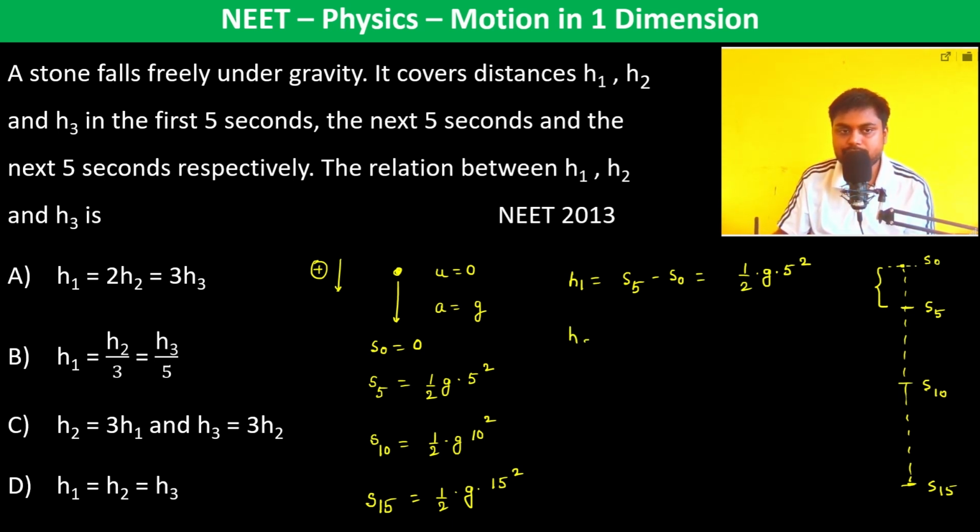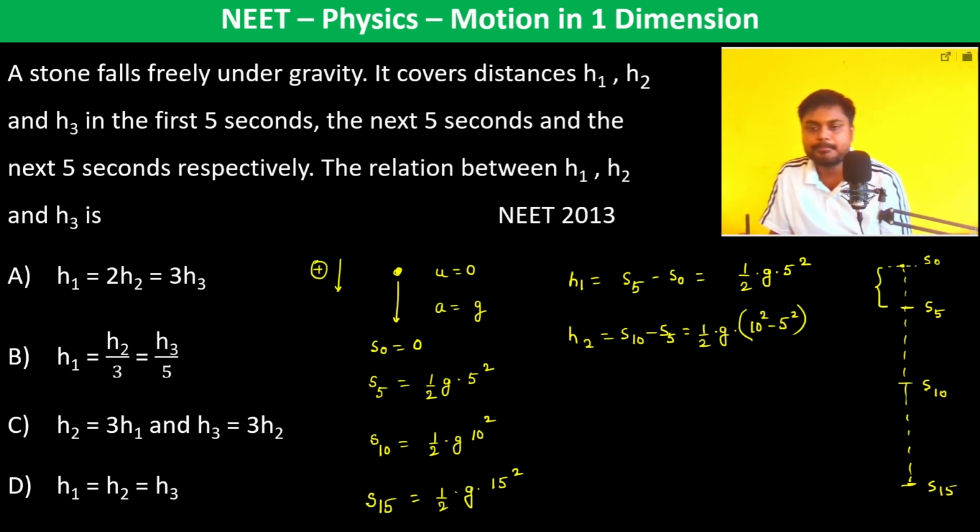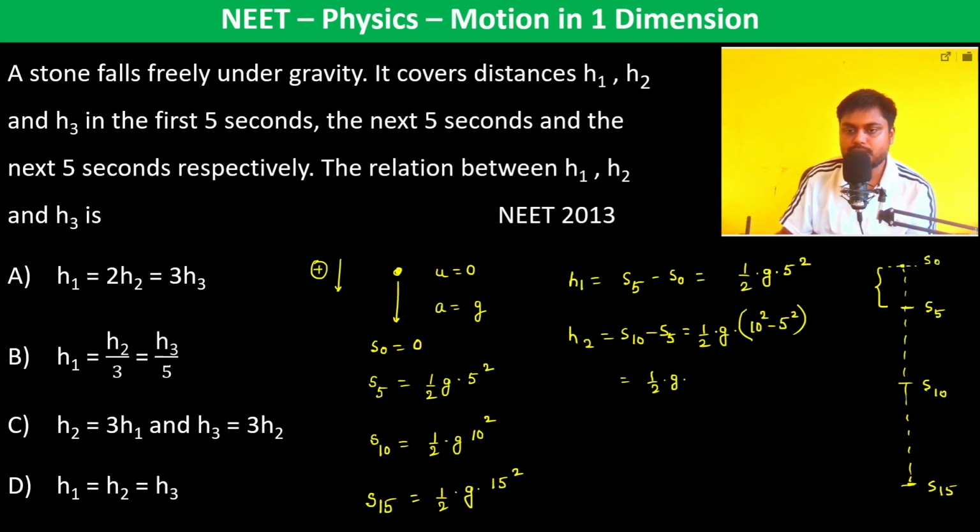Distance traveled in the next 5 seconds is s10 minus s5, which is half into g into 10 square minus 5 square, which is half into g into 100 minus 25, which is 75.